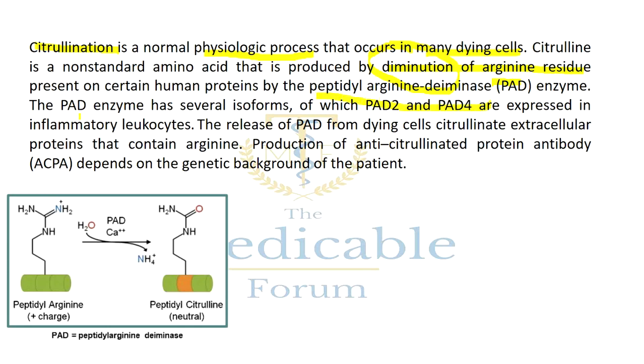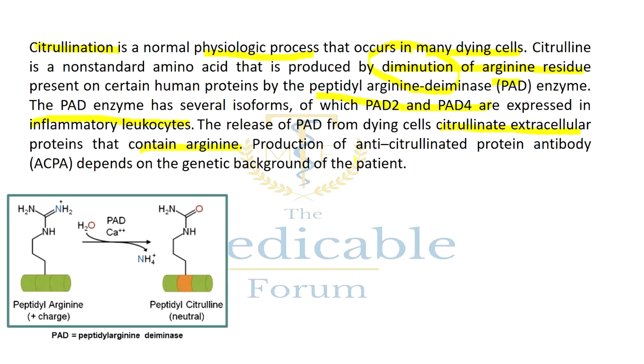This peptidyl arginine deiminase enzyme has several isoforms, of which PAD2 and PAD4 are expressed in inflammatory leukocytes. Well, how interesting. The release of PAD from dying cells citrullinates extracellular proteins that contain arginine.